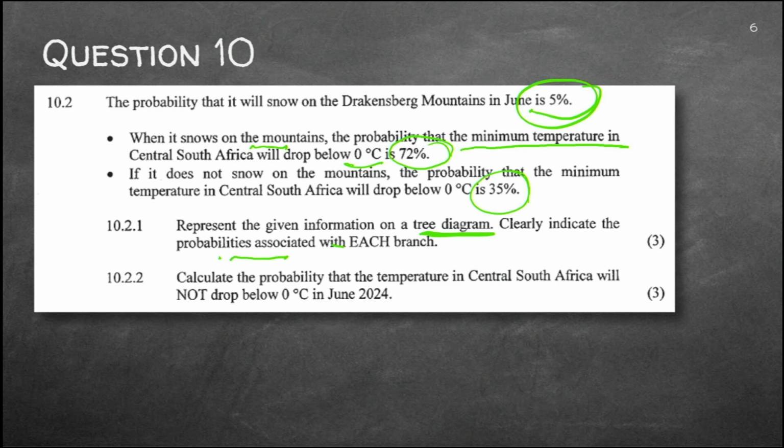So right, what are we looking at? First of all, we need a branch for snow or no snow. So the first branch would simply distinguish between snow or no snow. The probability for snow is 0,05, in other words, the 5%, which means the probability for no snow would be 0,95.